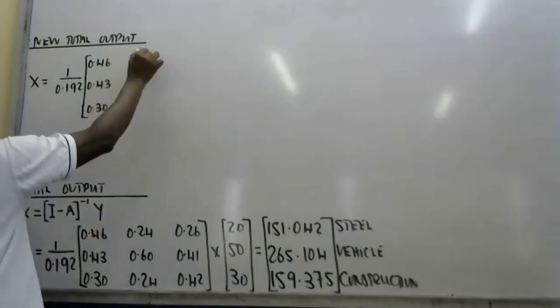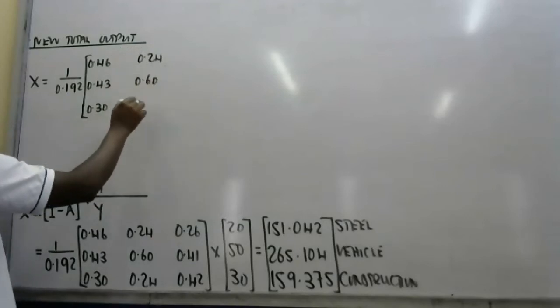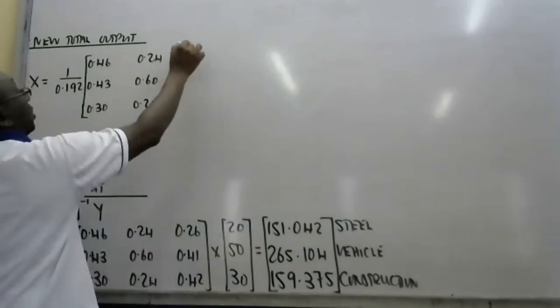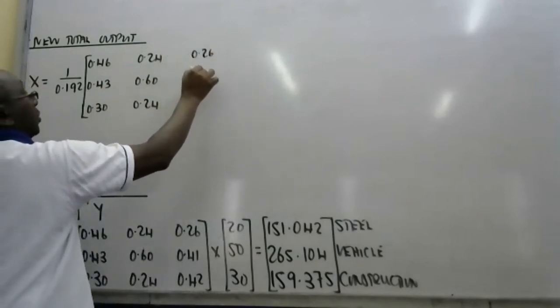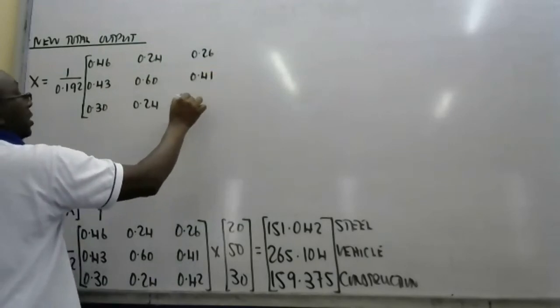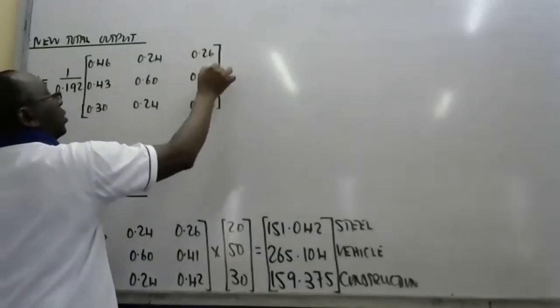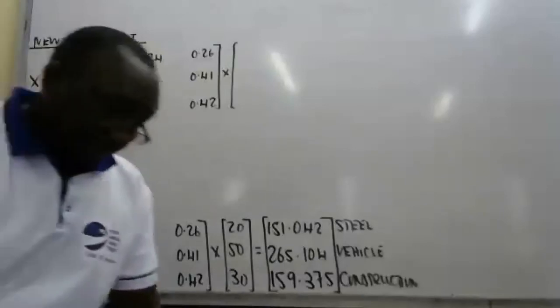Then this is 0.24, 0.60, 0.24, then 0.26, 0.41, 0.42. We multiply by the new Y.